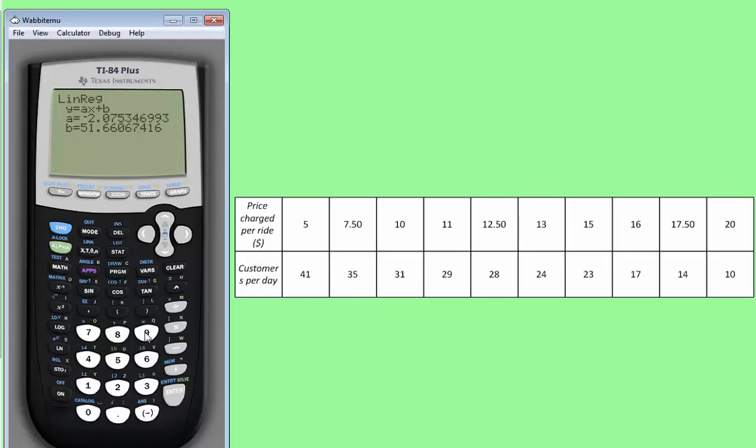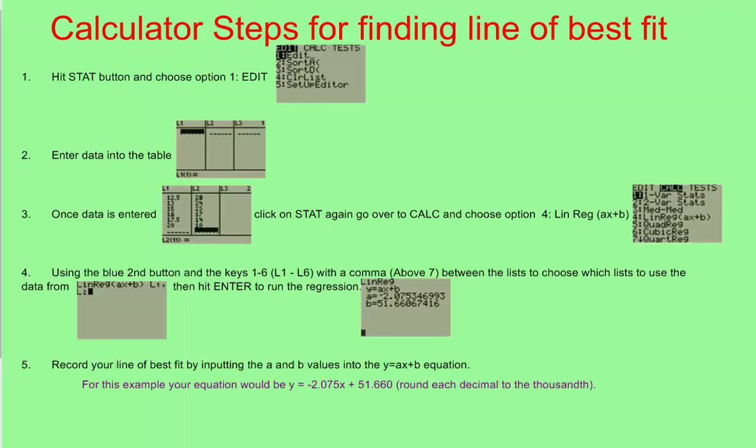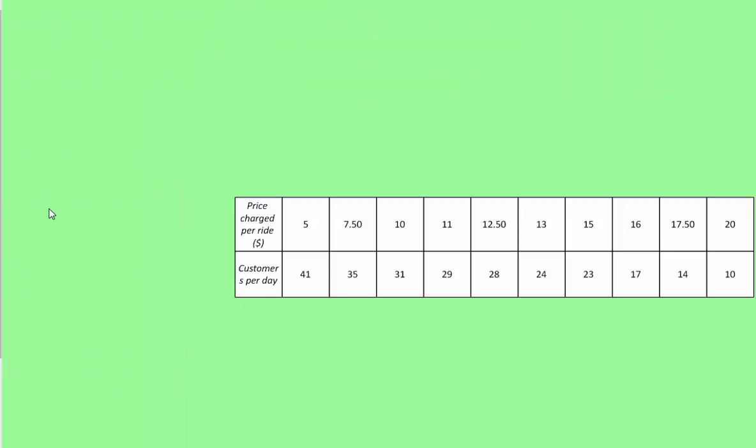So here we have our information again. We're just leaving off right where we left off. I'm going to start by taking this equation and plugging it into my y equals. So I'm going to hit the y equals button, and it's negative 2.056. Let me make sure that's correct. Nope, negative 2.075.